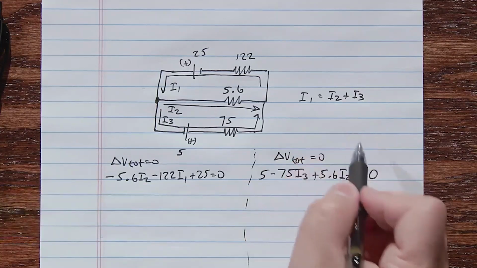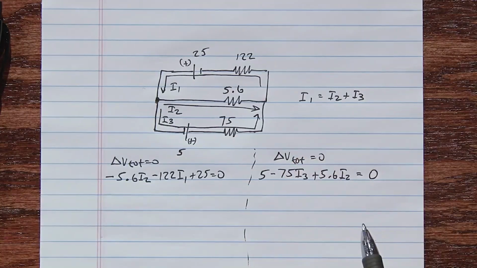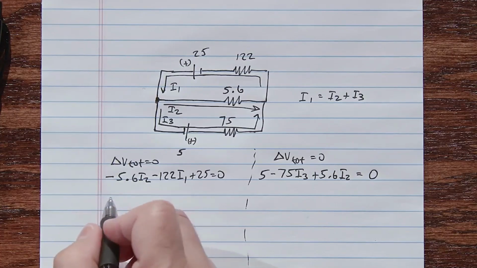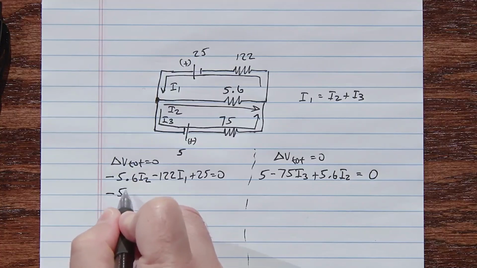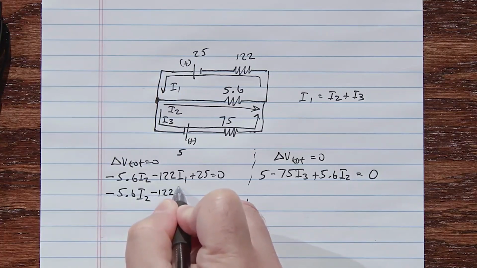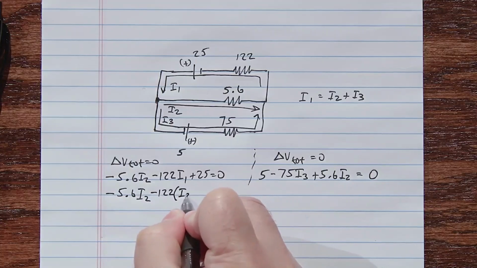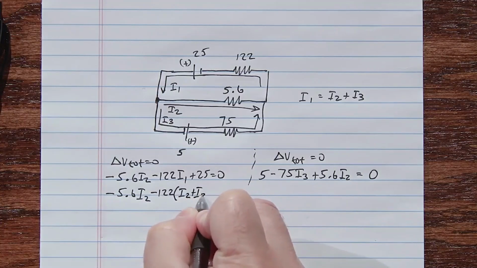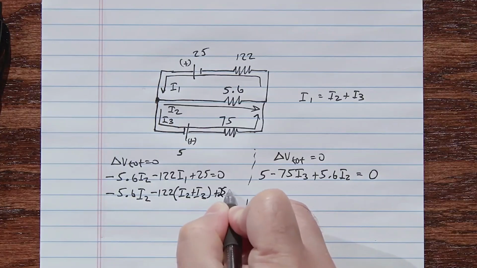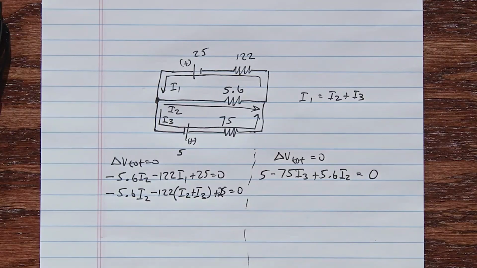I'll start by substituting in for I1 right here, and then I'll have an equation with only I2 and I3 in it. So I have negative 5.6 I2 minus 122 times (I2 plus I3) plus 25 is equal to 0.